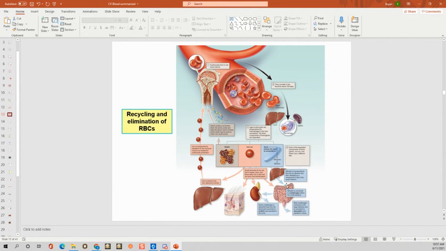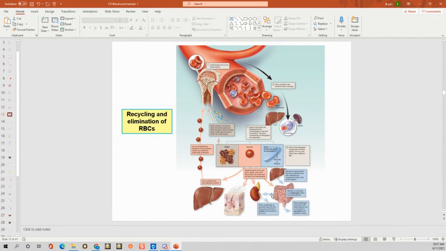Now, what's going to happen to it is it's going to end up getting transported from there into the intestines, and it does that through bile. And then it gets converted to urobilinogen, and then you end up excreting some urobilinogen and stercobilin in your feces, and then some of the urobilinogen ends up in your urine, and it's a big crazy mess.